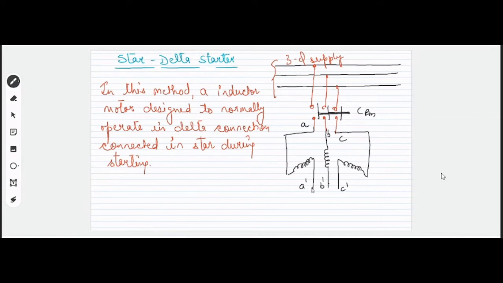So what we'll do, we'll make an arrangement to connect them in star by having the wires connected in such a way that there will be a switch. We'll have one switch for this phase, right? Similarly, we'll take the second one.